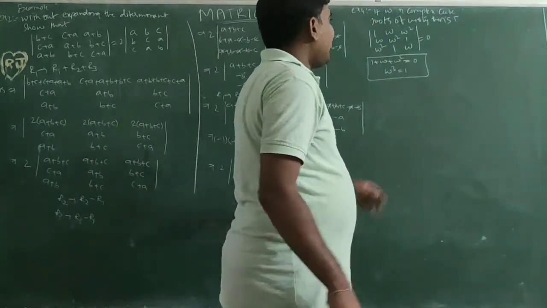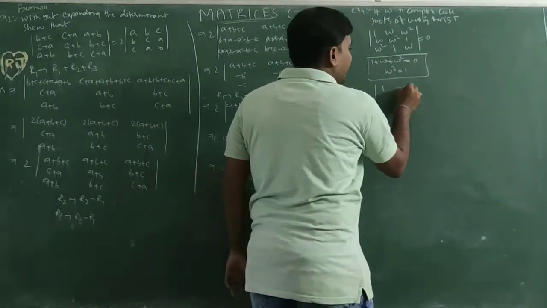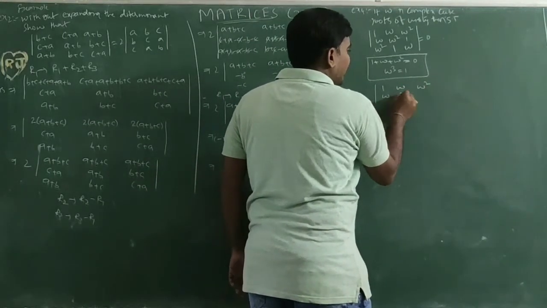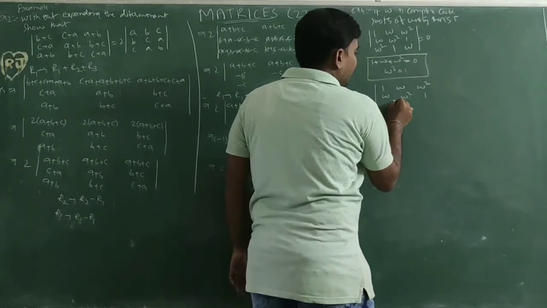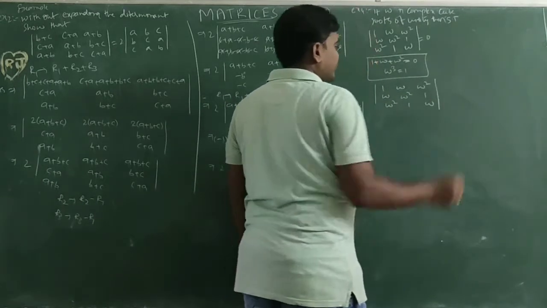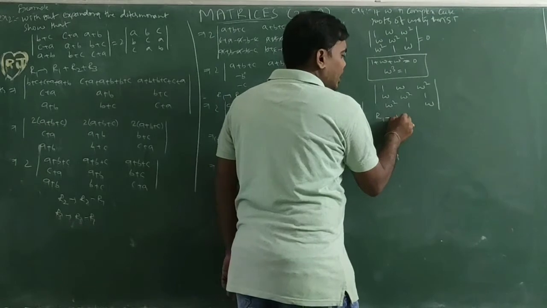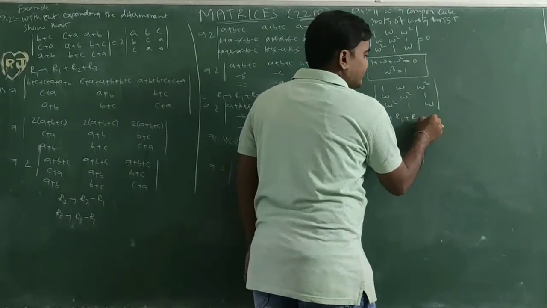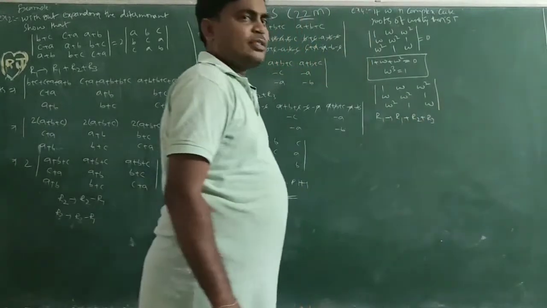So what I am doing, I am taking the determinant with rows 1, omega, omega square; omega, omega square, 1; omega square, 1, omega. I am changing R1 to R1 plus R2 plus R3. Elementary operations I am applying.